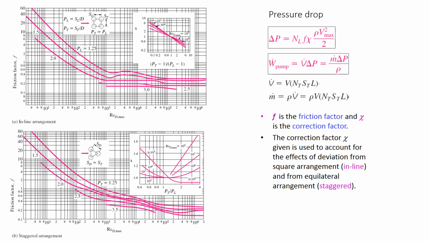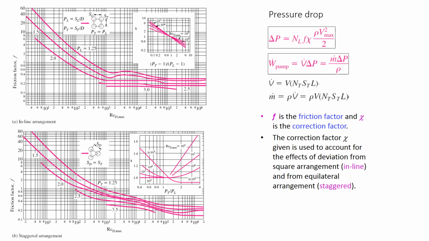For the staggered arrangement, you can see in the bottom figure, we have S_D equal to S_T. For these cases, the correction factor is equal to 1. For different values, the correction factor will be different.